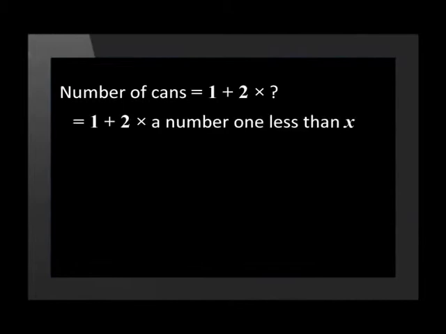It will be 1 plus 2 times a number 1 less than x. What number is 1 less than x? It is x minus 1. So the number of cans will be 1 plus 2 times x minus 1.